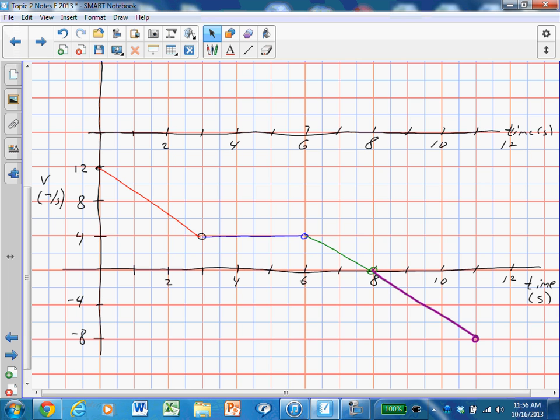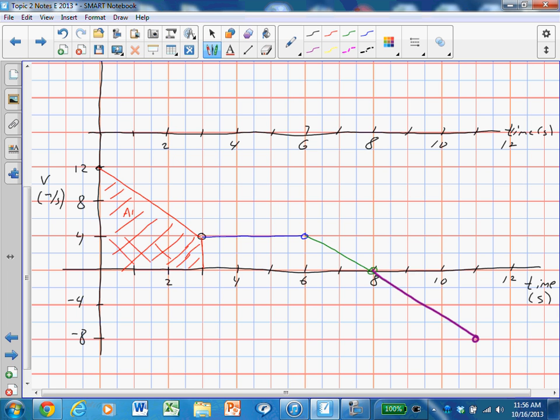How do I go from my velocity versus time graph, Courtney? It's the area, right, underneath, between the time axis and the curve. So on this thing, the red zone, this would be my area here. Now, to get that area, we could do an A1 area up here and then the rectangle right here as A2.